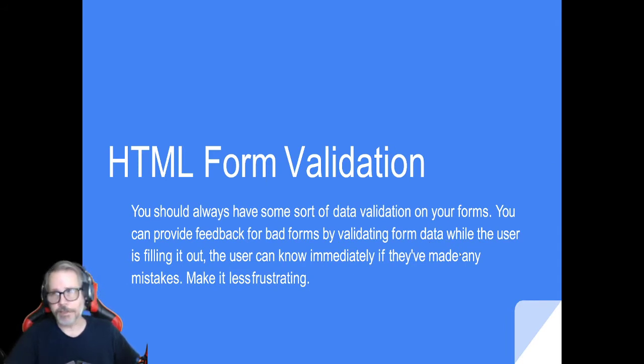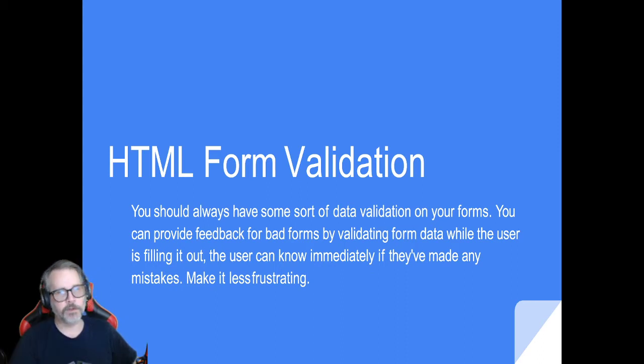So validation with forms. Form validation is just a way of making sure that the user is inputting data that is valid, correct data. So we want to give the user feedback to let them know that he or she is putting in correct data. So if they put in an email address and they forgot the @ symbol, or they didn't put in the .com or .net or whatever at the end, we have to let that person know.